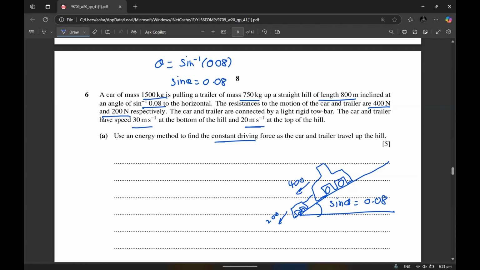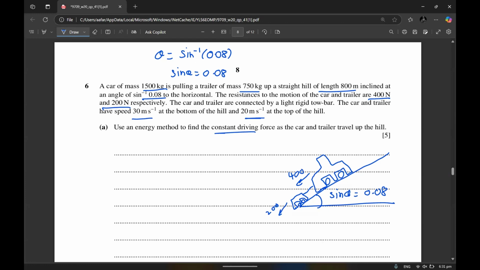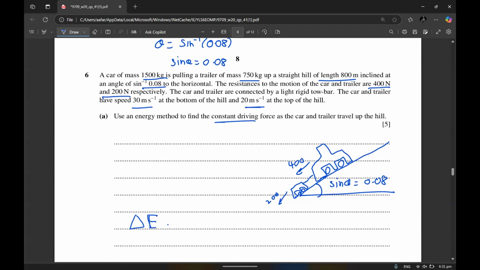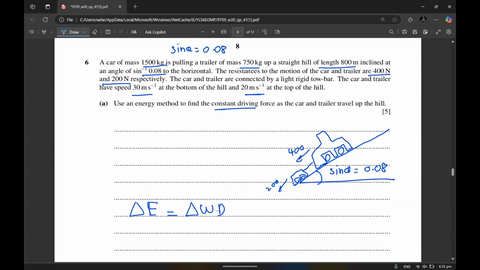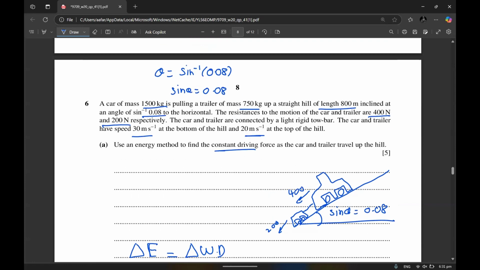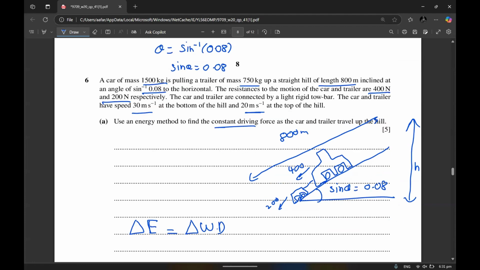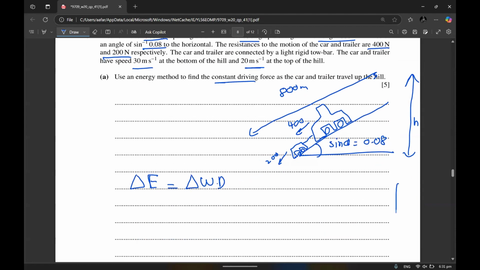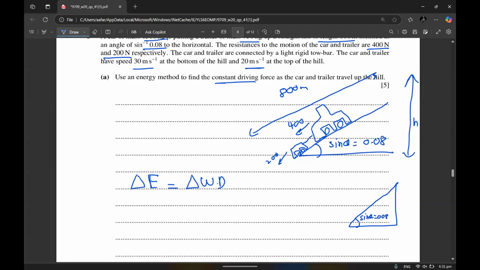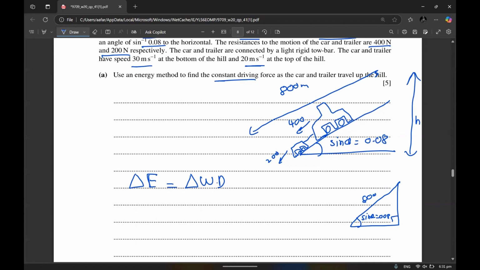Okay, energy method to find the constant driving force of the car. So we know that the change in energy is equal to the work done. The hill is 800 meter, so we need to find the increase in gravitational potential energy. We need h. Let's say the situation is something like this, with sin theta 0.08, this side 800, and this is h.